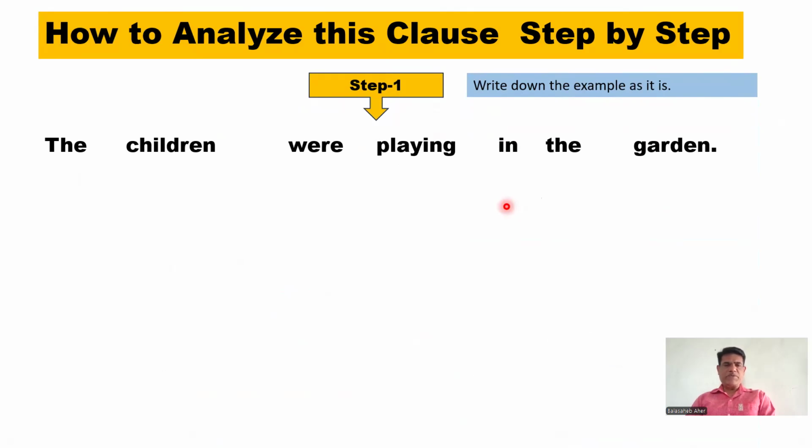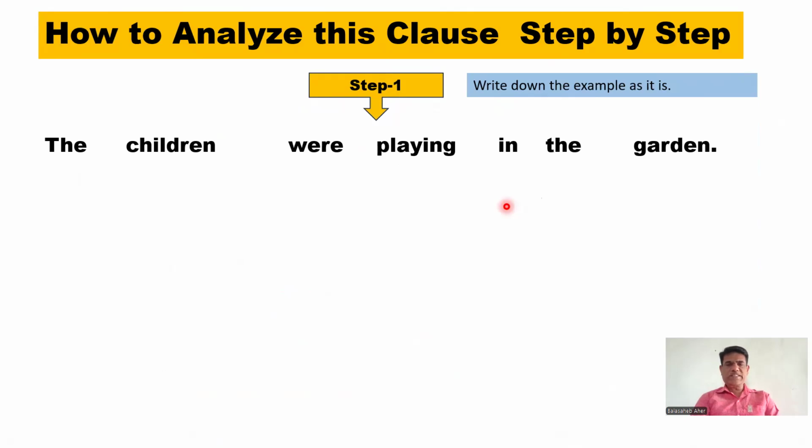We have kept enough space between two words because we do not know where we will have to put the brackets and labels. So it is always a better idea to have enough space between two words and between two lines, as there is no need to write the second line because all the examples have been written in a single line. So the first step we have done.